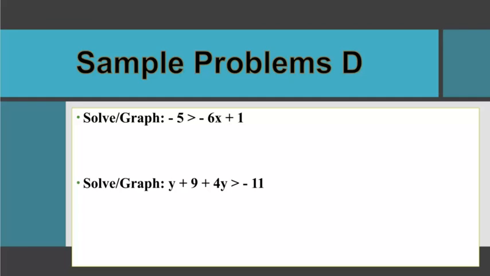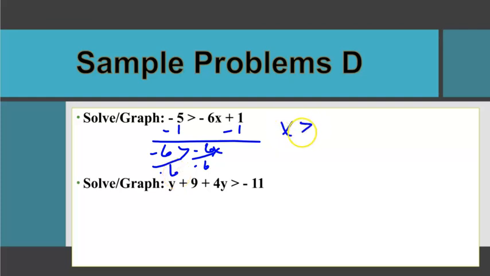Next, solve and graph. Here I'm going to subtract 1 on both sides. We got negative 6x, and negative 6 is greater than negative 6x divided by negative 6. X is now going to be greater than a positive 1. I had to flip the symbol again because I was dividing by a negative number.